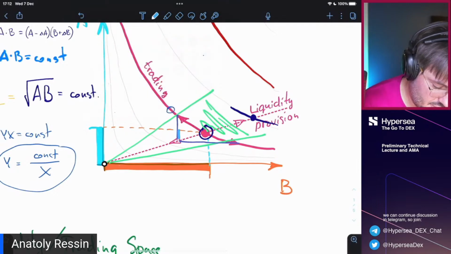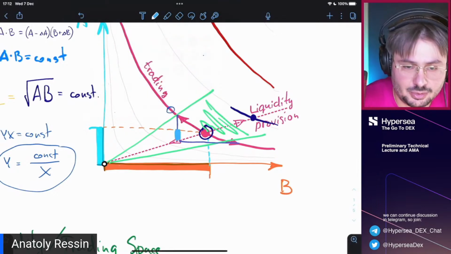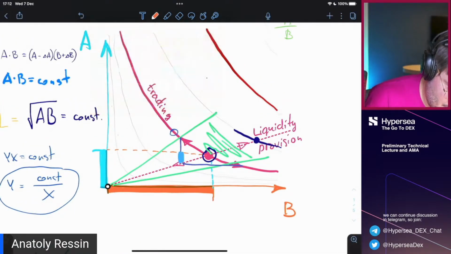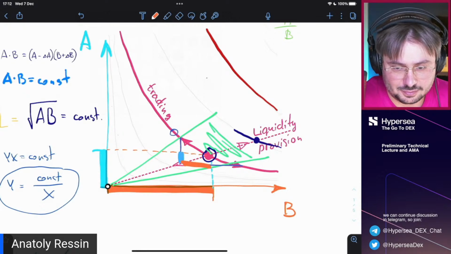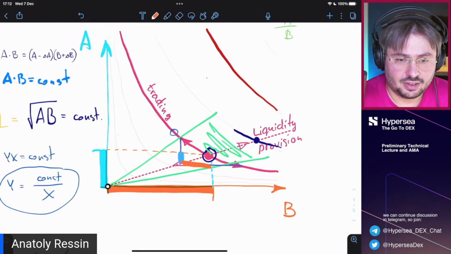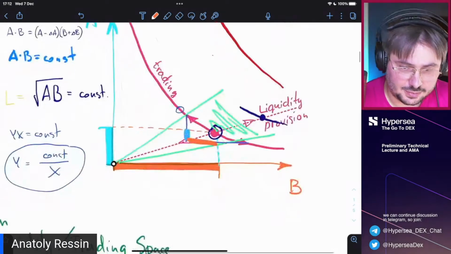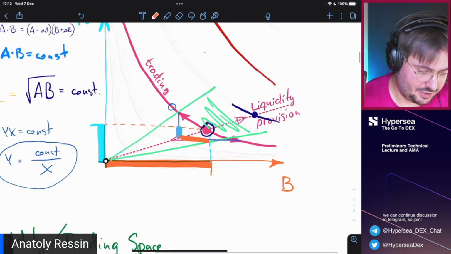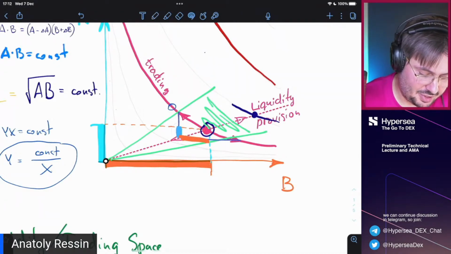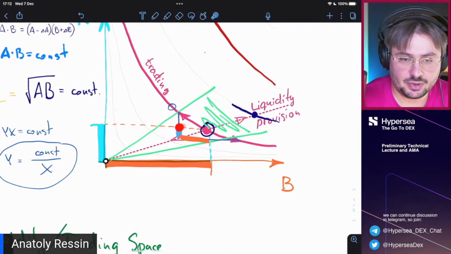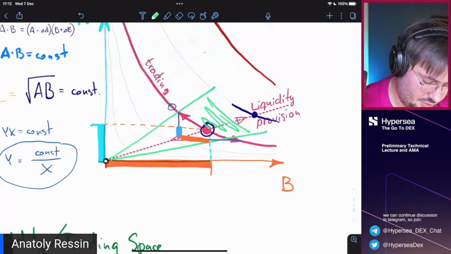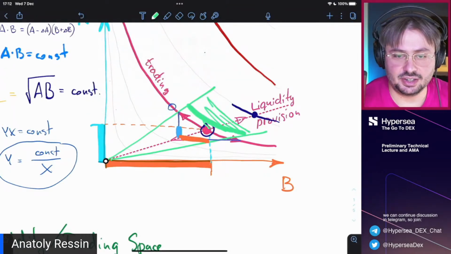You can provide this amount of liquidity on the axis A, and this amount of liquidity on axis B, and with this fractional reserve, you just will support the part of the curve that is here.